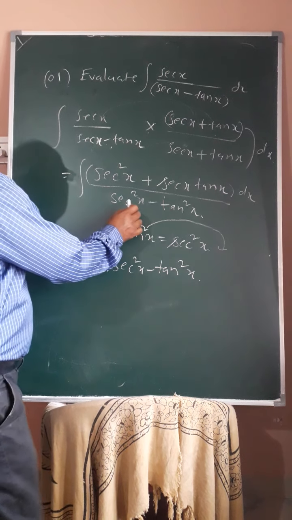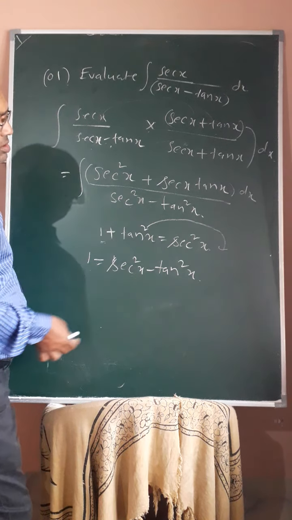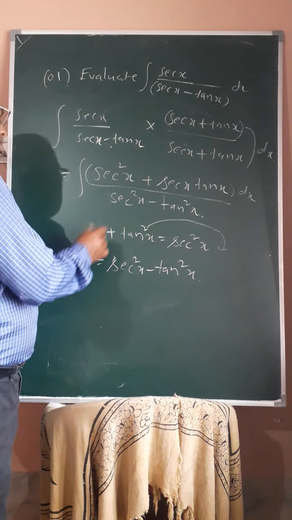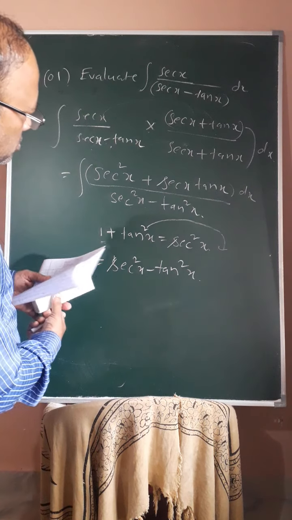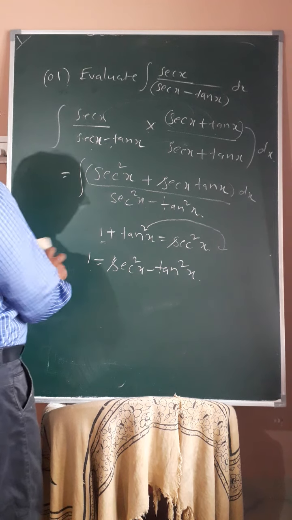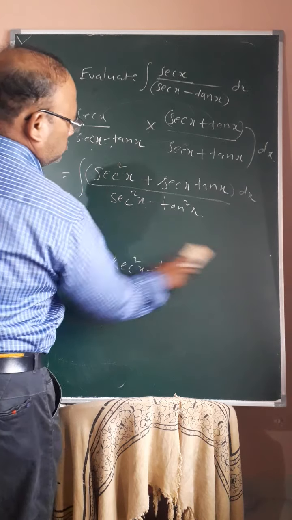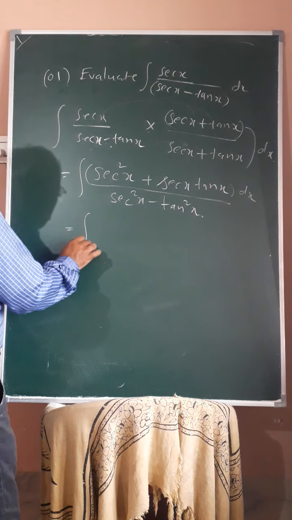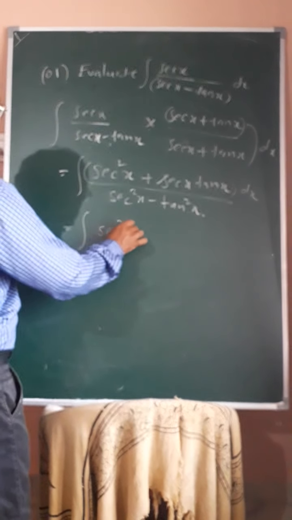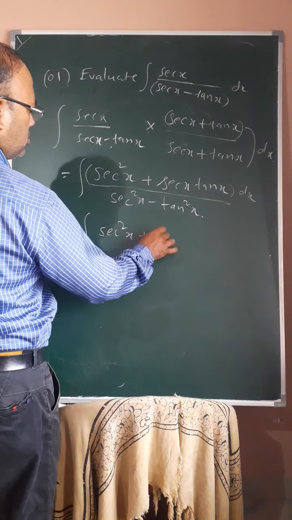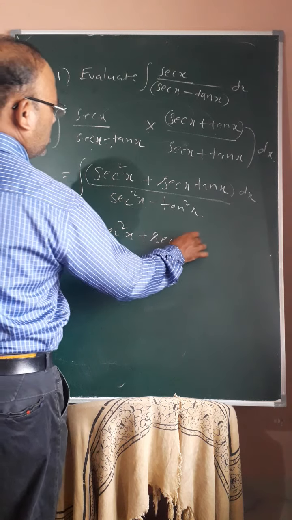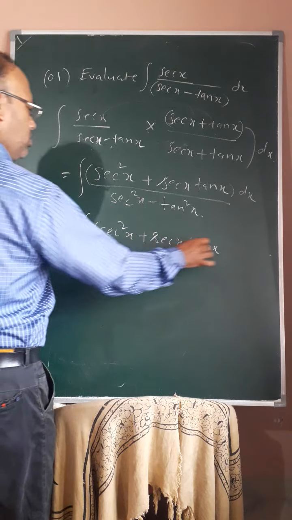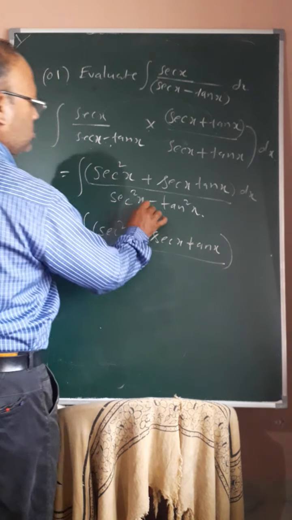Now we can use this here, secant square minus tan square is substituted as 1. So this is secant square x plus secant x tan x divided by 1.